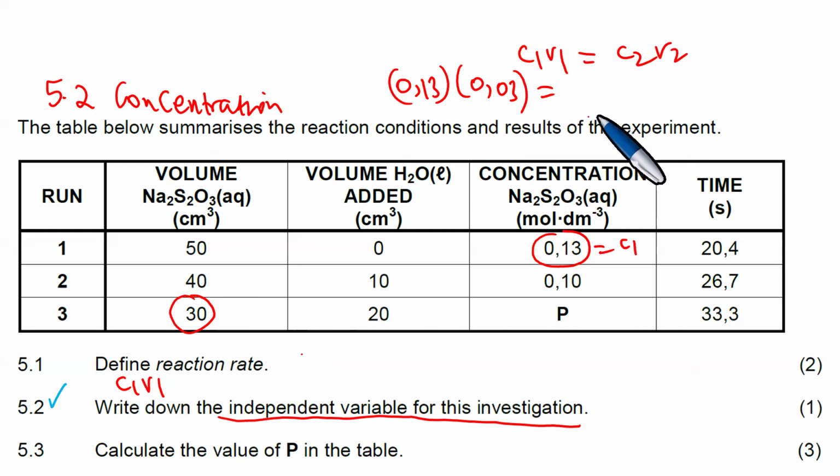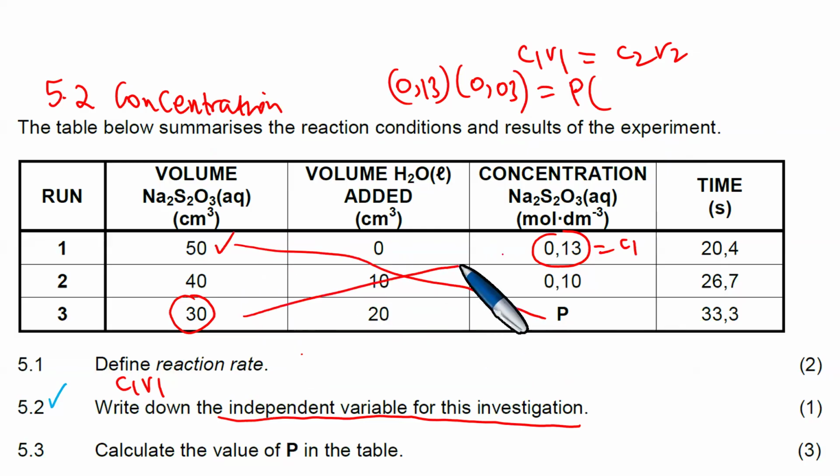Then we have concentration 2, which you can call P, and then volume 2, which is the 50 divided by 1,000, getting 0.05.